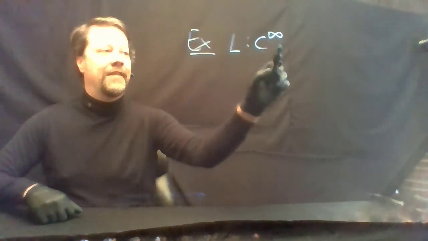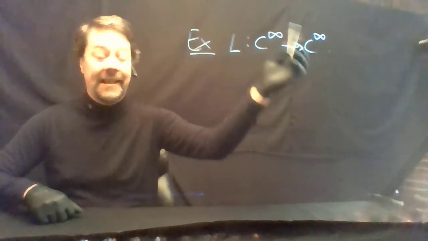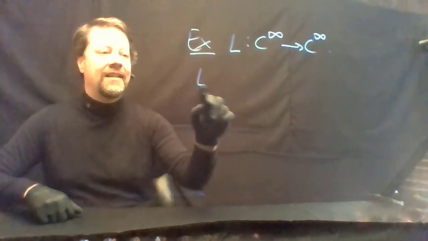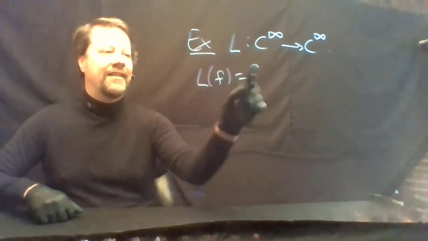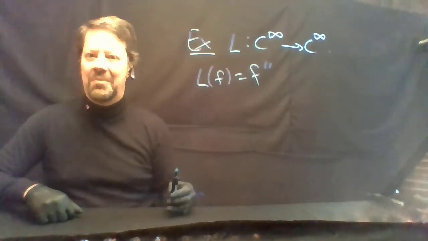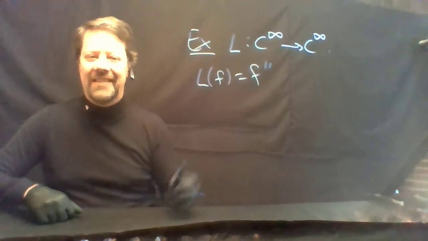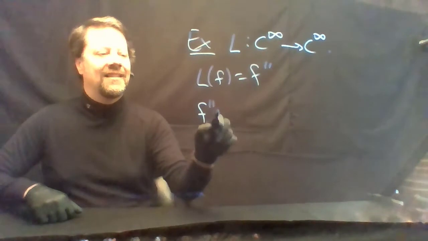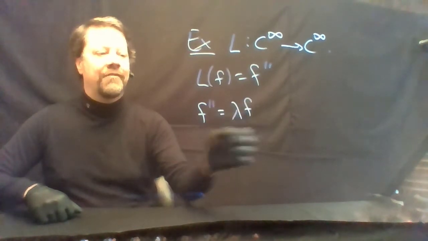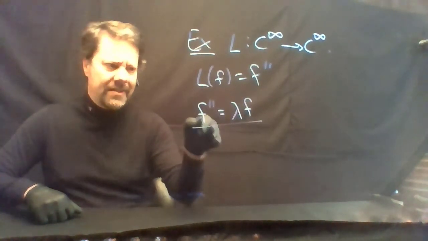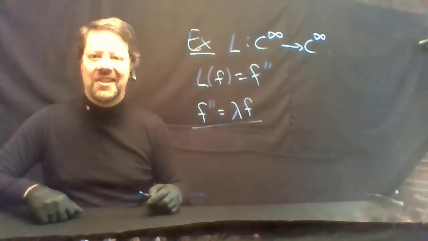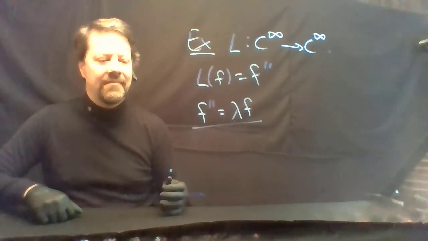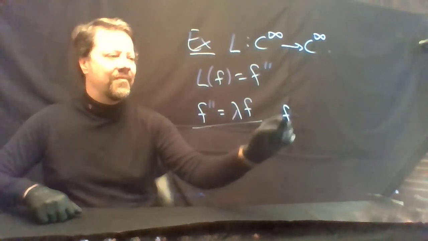Suppose that again we have L, which maps infinitely differentiable functions into infinitely differentiable functions, and L of f is f double prime. What are the eigenvalues now? Now we're looking for functions that have second order derivatives that are constants times themselves. Try this.